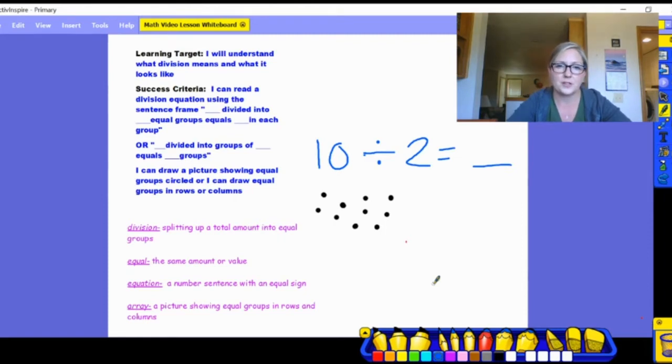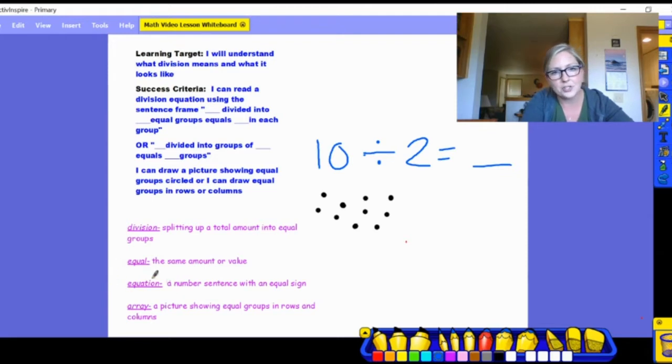We also see on the screen some important words that we want to remember and understand when we're learning about division. Of course, knowing what division means is important. So again, division is just splitting up a total amount into equal groups. Remembering that equal just means we have the same amount or value or number in each group.